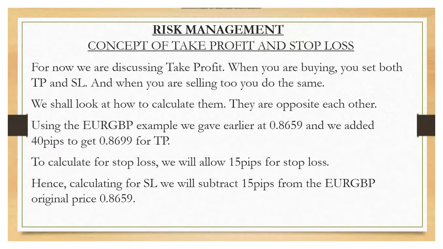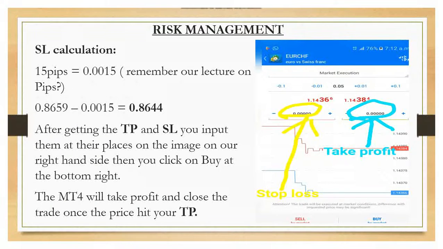Hence, calculating for stop loss, we will subtract 15 pips from the Euro GBP original price, which is 0.8659. So 15 pips equals 0.0015. You can also check that in our lecture on how to calculate pips, that is the MT4 interface.